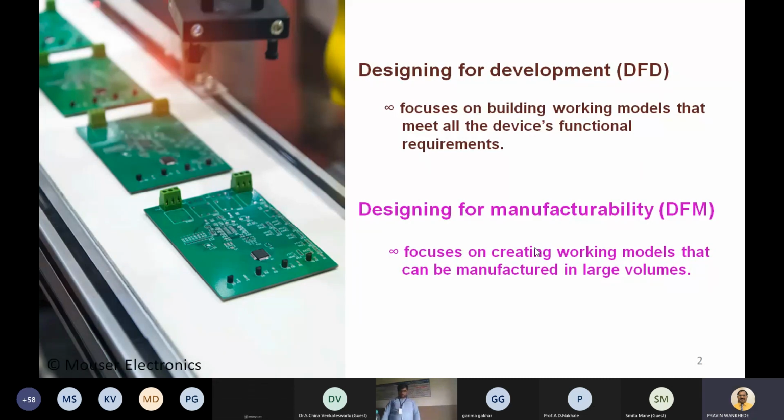And if such a thing happens, then the launch of your product in the market may be delayed. Then there may be an inability to get the parts that you need, correct?